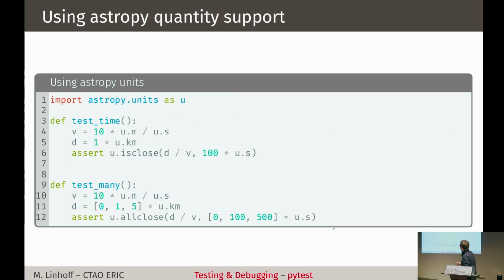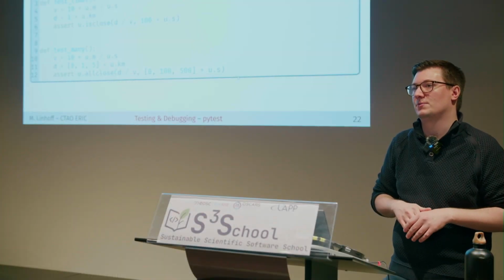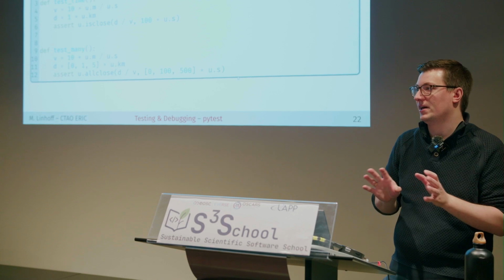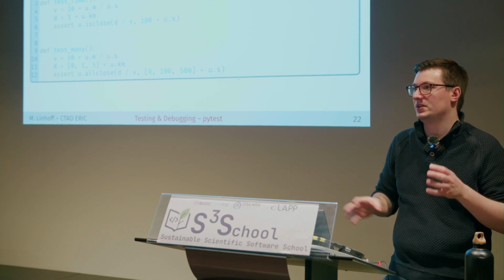I realize this is a bit niche now, that the audience of this school is a bit wider than in the years before, but already yesterday we talked about a bug in this AstroPy unit system, right? And there are other libraries that are more general for unit handling. So there's pint in Python that allows you to attach units to NumPy arrays and do efficient computations with different units, and it will automatically in the background convert between compatible units.